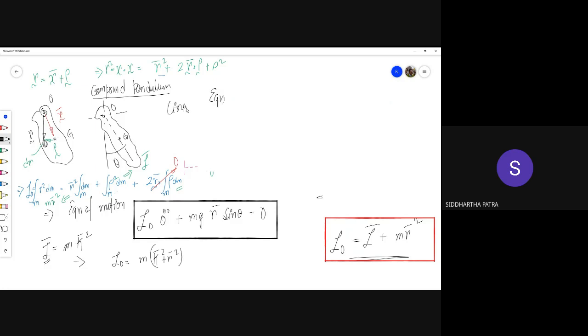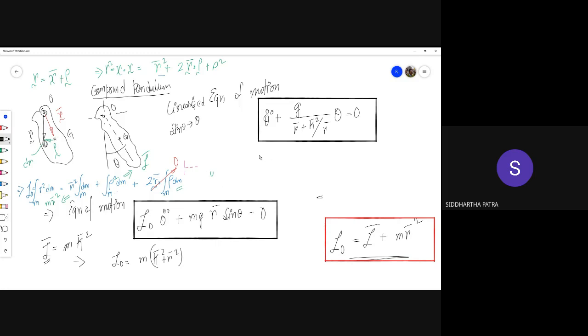with linearization. What is linearization? Theta is so small, sine theta tends to theta. So if we talk about the linearized equation of motion, we have theta double dot plus g divided by r bar plus kappa bar squared divided by r bar, just check, that is the expression that you are getting, times theta equals 0.